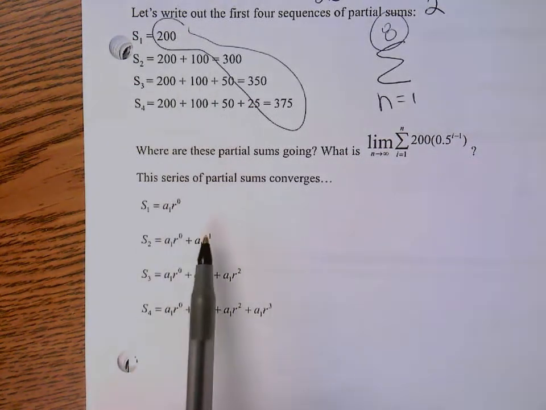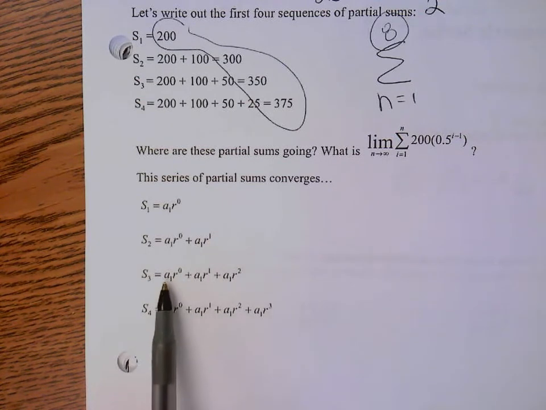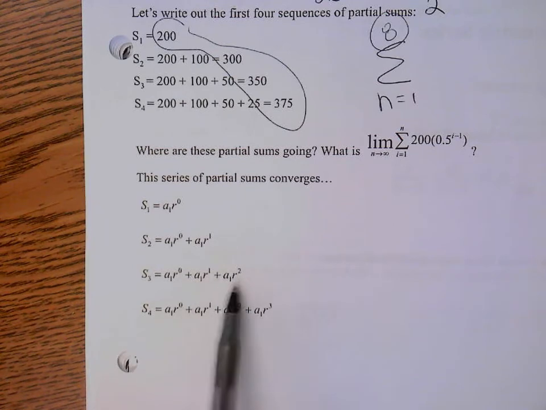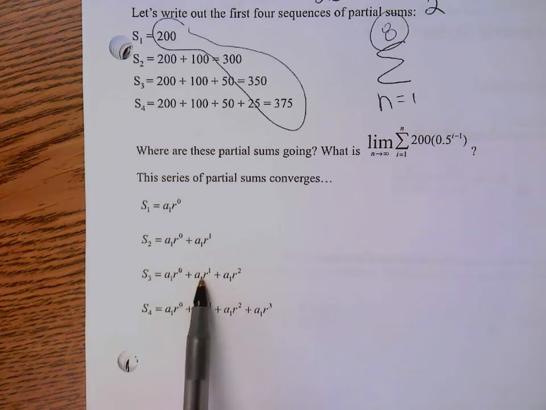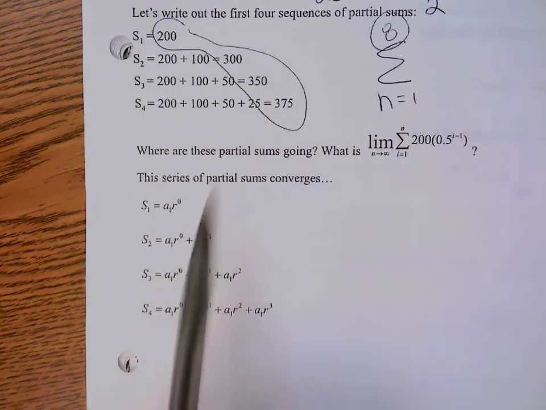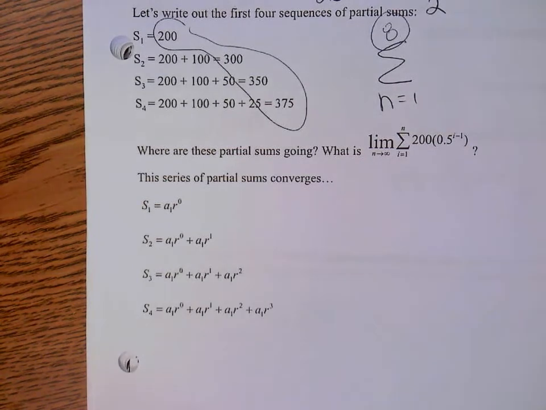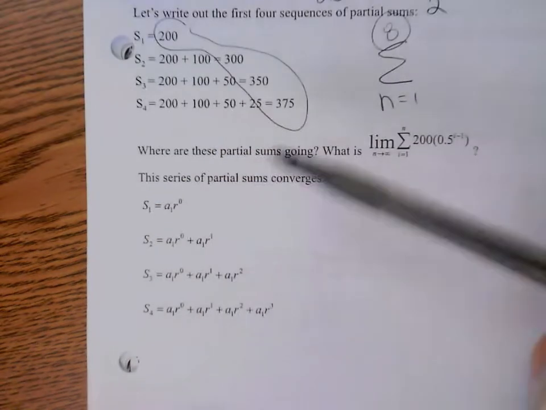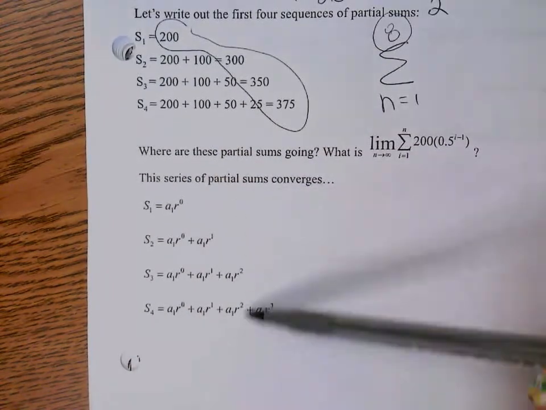Because we're taking 200 times the ratio a half. So this is just going further and further out, right? This takes the first term each time. This times it by a half, times it by a half squared, times it by a half cubed. So this is basically the general form of just what's up above. Do you see that? So they're going to take this and do a little proof on it.